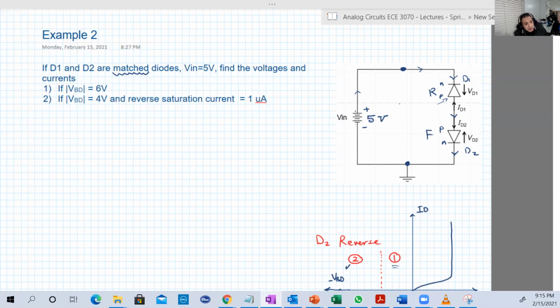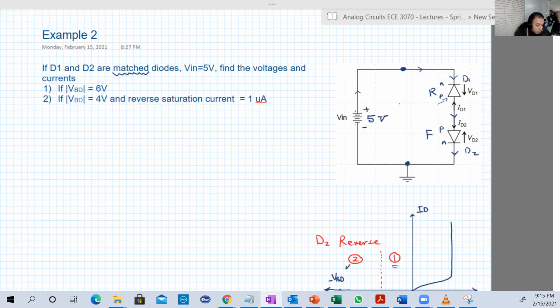But you can connect them in different ways, like what we have here. One of them is forward, one of them is reverse, so they might have different voltages. Of course, in that circuit they are in series, so they must have the same current as well.